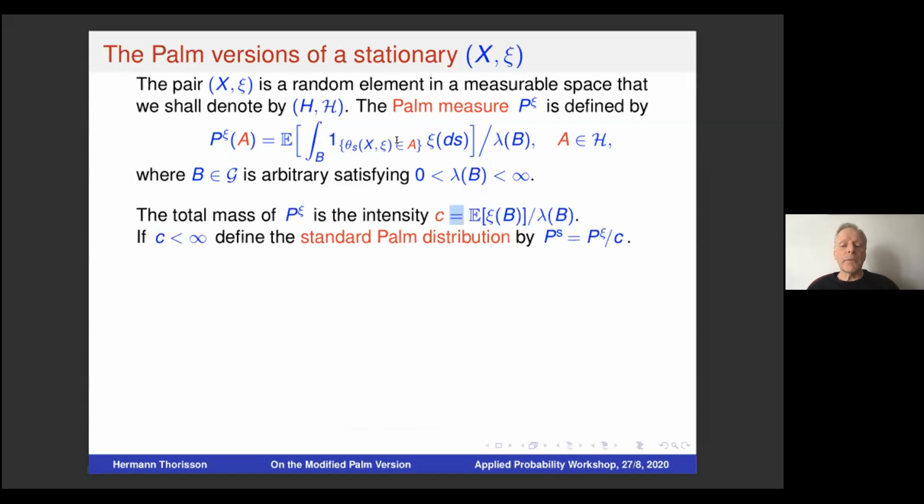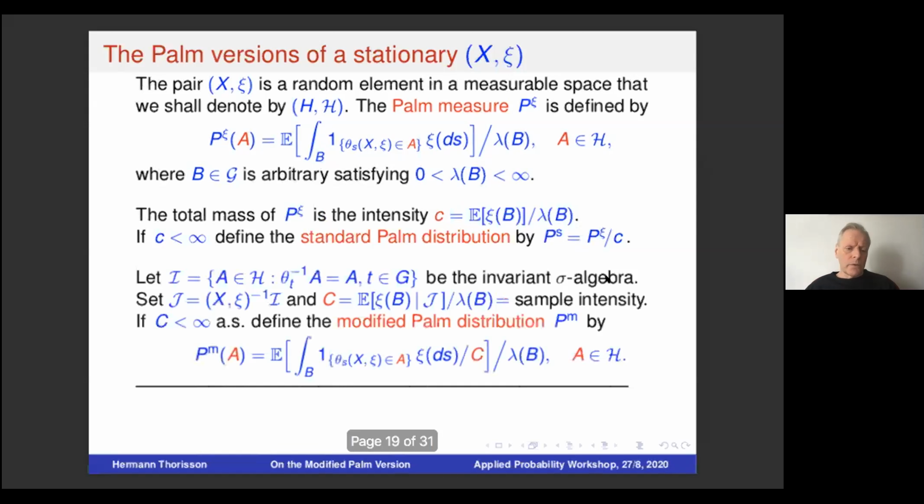You can see that by, if we put in the whole H here, we get 1 here, so the integral over B is just psi(B), and then we divide by the volume of B, or the lambda of B, and then we get the intensity. If the intensity is finite, we can divide by the c and get the standard Palm distribution this way. So now in that case, we have a probability measure.